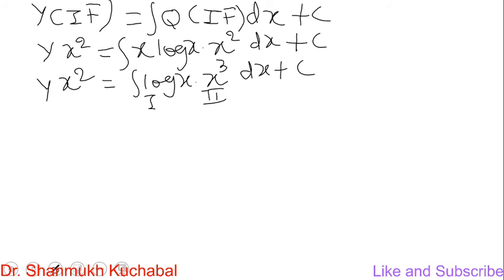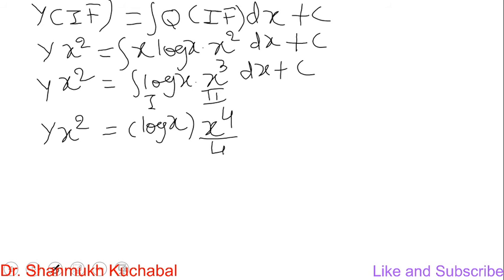Applying this, the LHS has no change, y into x square. We take the first function log x as it is, and the integration of x cube is x raised to 4 divided by 4.